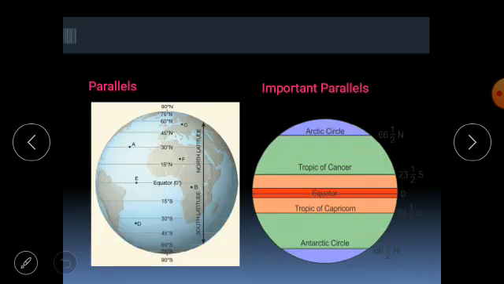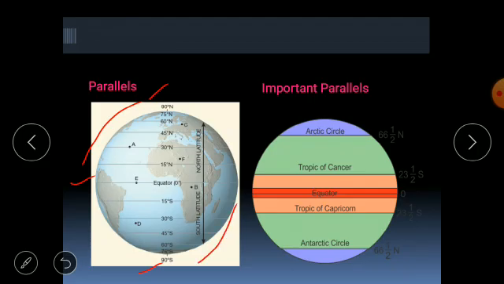Now, degrees of latitude are numbered from 0 degree to 90 degree north and south. Equator is 0 degree latitude. It is neither north nor south. There are 90 lines of latitude in the northern hemisphere and 90 lines in the southern hemisphere.